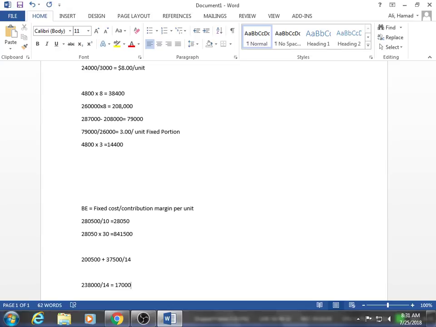Number 4 says prepare a graph. It would be like a scatter graph. Usually the break even, you have your fixed cost like that, and then you have your variable costs, and you have your sales going in that direction.